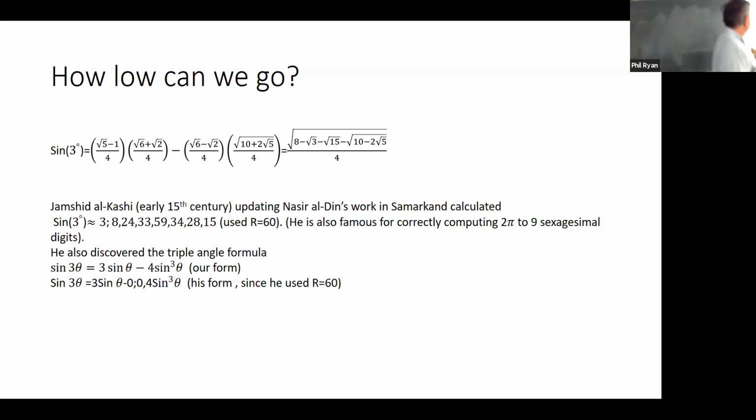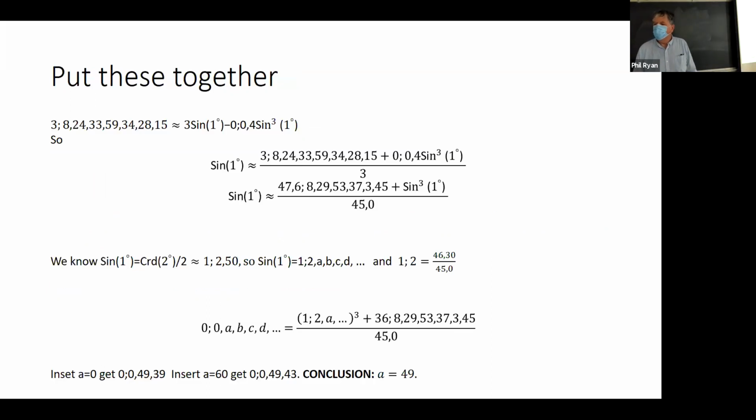Okay. So he knew this and he knew this. So he's going to let theta equal 1 degree. So he knows sine of 3 degrees. And if this was sine of 3 degrees, this would be an actual equality, but it's an approximation, right?